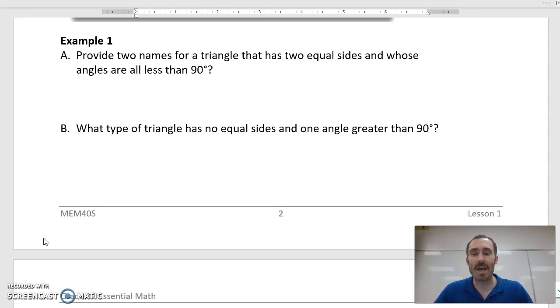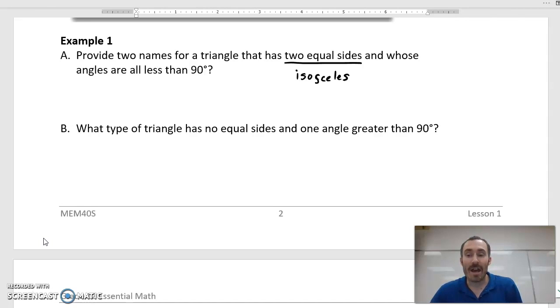So provide two names for a triangle that has two equal sides and whose angles are all less than 90 degrees. Okay, so first of all, two equal sides, that means isosceles. Or, as I like to say it, isosceles. Now I messed up my spelling. Here we go. Okay, an isosceles triangle.